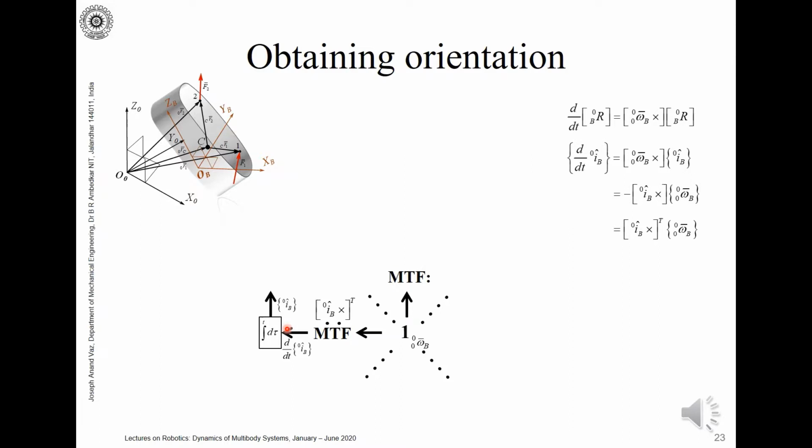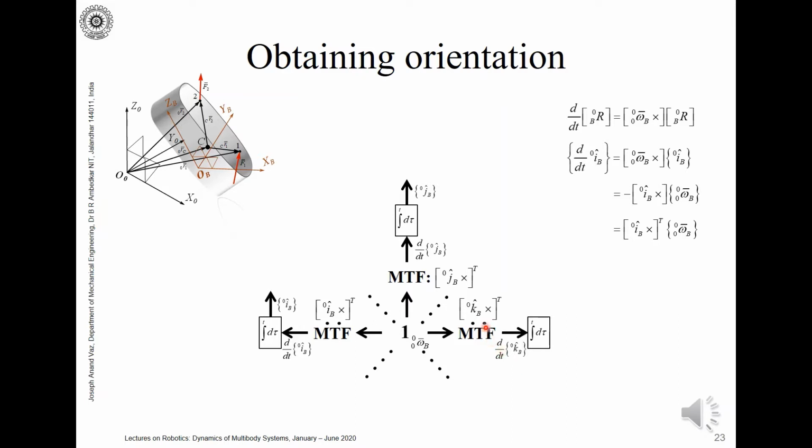Likewise, you can also obtain the column j, that is the j unit vector of the frame B. You can integrate the derivative of the j vector and obtain the j vector, and similarly the derivative of the k unit vector.